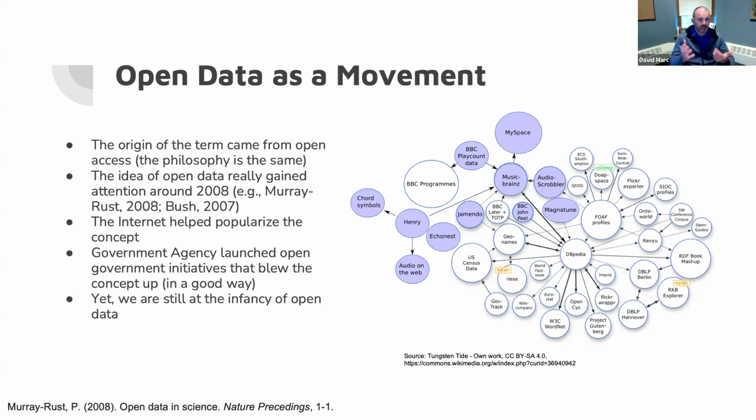And the federal government agencies launched what is now known today as the Open Government Initiative that kind of blew this concept up. Despite this, starting way back in 2007, there's actually very little growth that has happened in the last 10 plus years regarding the open data movement.